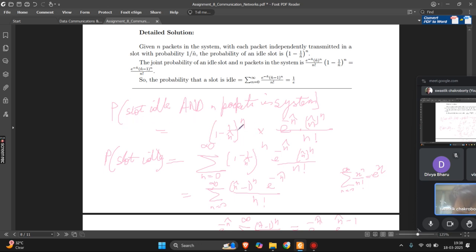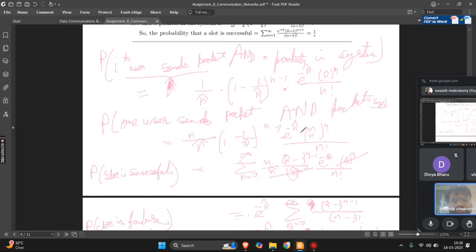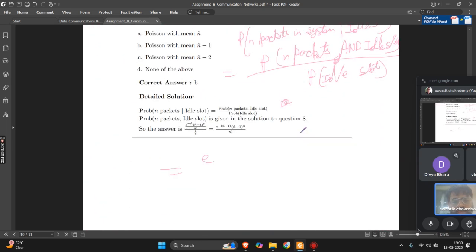This is (n hat minus 1) to the power n, e to the power minus n hat, by n factorial. This is the probability of n packets and an idle slot.